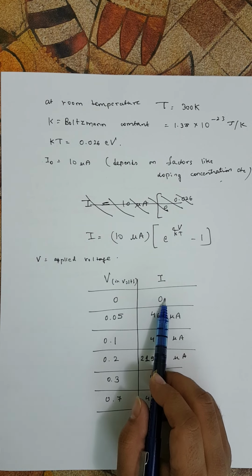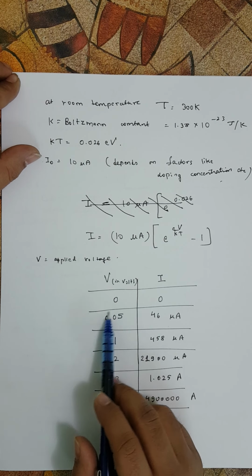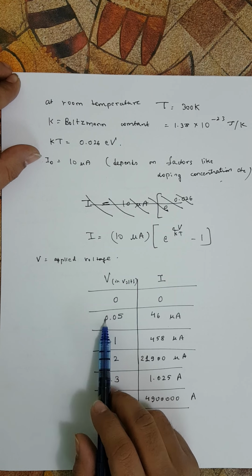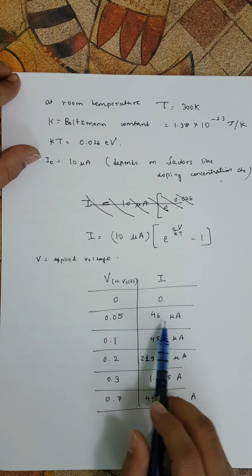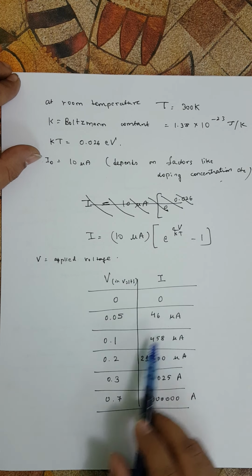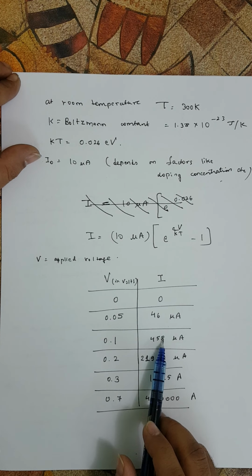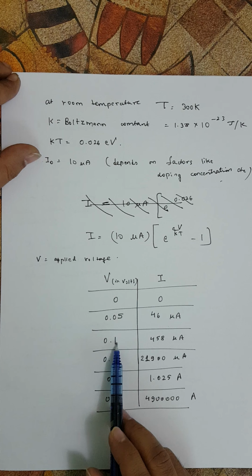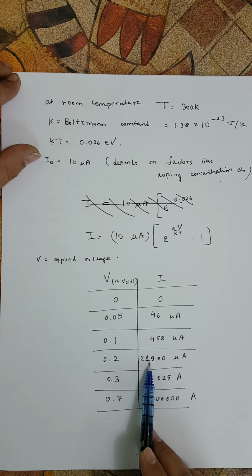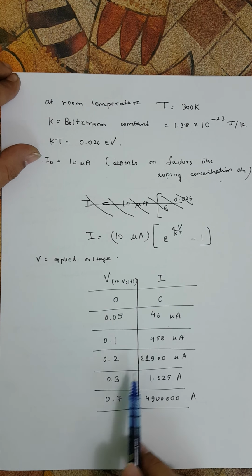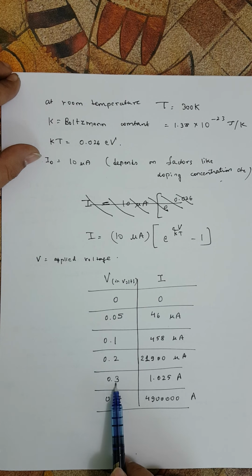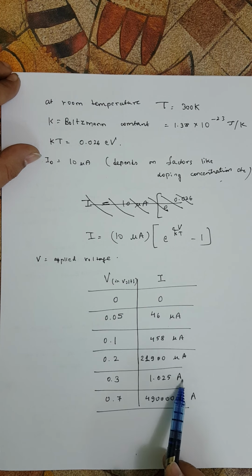Whereas if the applied voltage is 0.05 volt only, it's 46 microampere. If you double, it becomes almost 10 times. If you double again it shoots up like anything. What about 0.3 volt? Around 1 ampere.